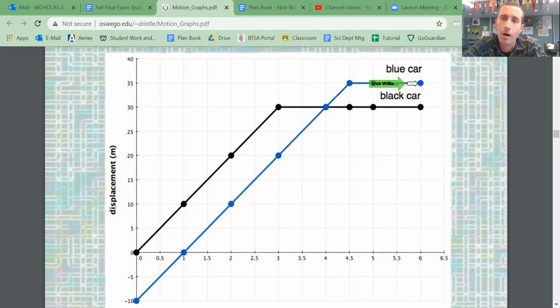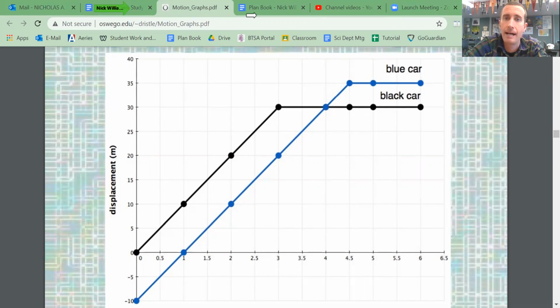The blue car's displacement is now at 35 meters. The black car is still down here at 30 meters. So the blue car has gone past the black car by 5 meters. But both of them have horizontal displacement, so they're not going anywhere. They're both stopped still. No velocity, no acceleration.